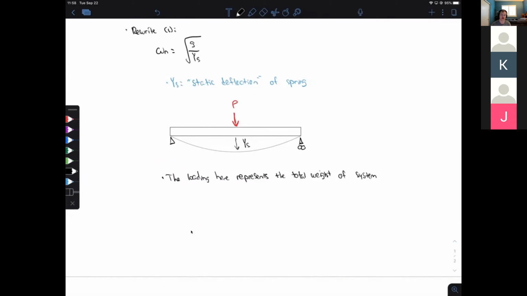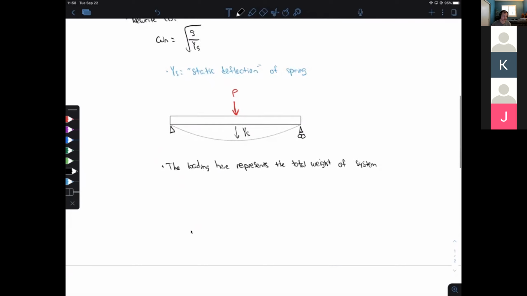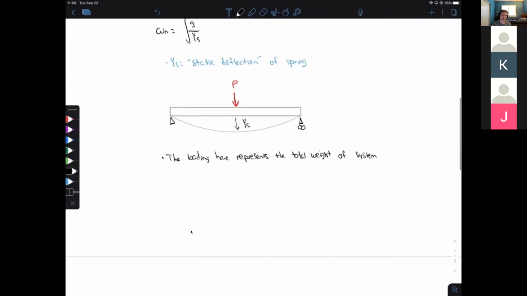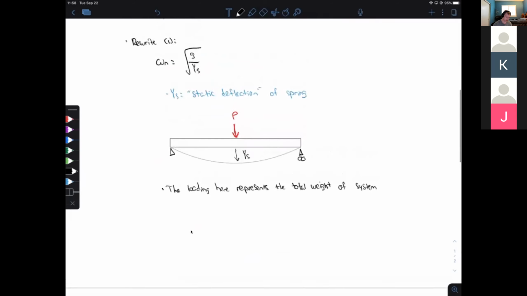So while I drew an applied load P in this figure, really this load is representing the entire weight of the system. That sounds a little weird right now, but it'll make more sense in this slide. So I'm going to call this equation 2.